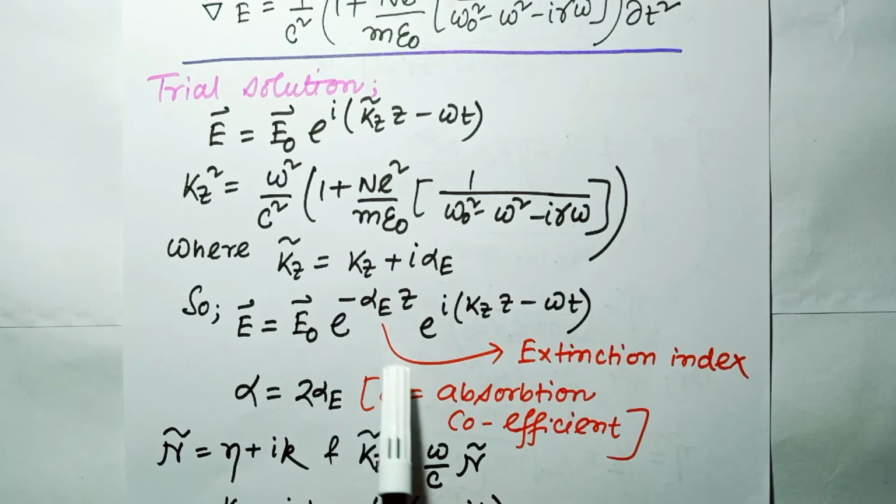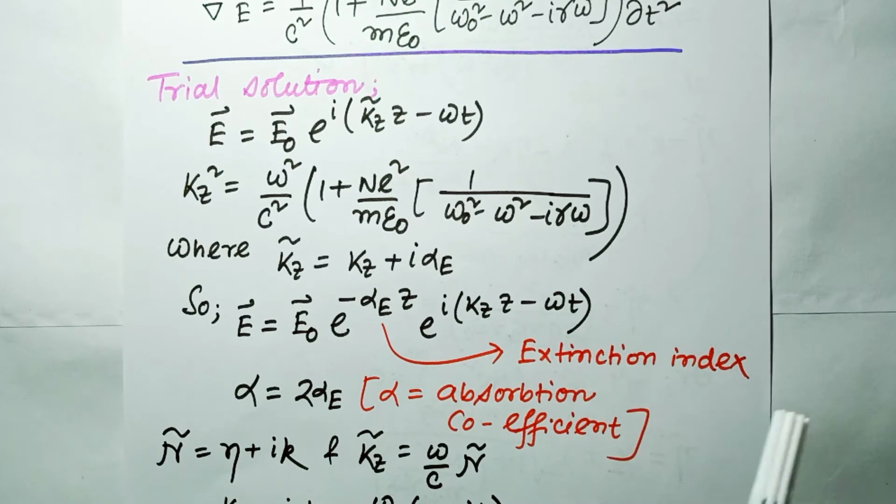This alpha e is the extinction index, and it represents the exponential decay of the electric field in the medium.